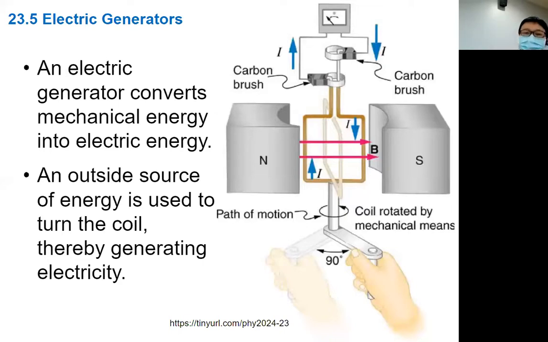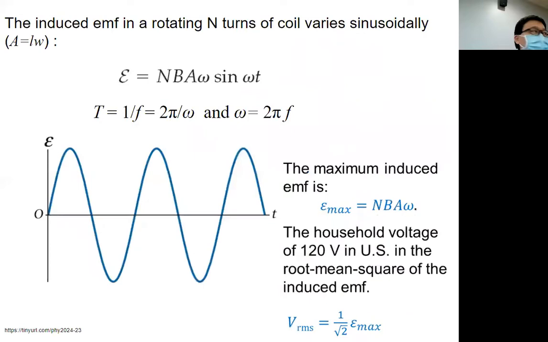If you have a constant angular speed for the coil, then your electricity will be a sine function. In some cases you may see a cosine function, but that doesn't matter because sine and cosine are exactly the same with a phase shift. It just depends on the author's preference.